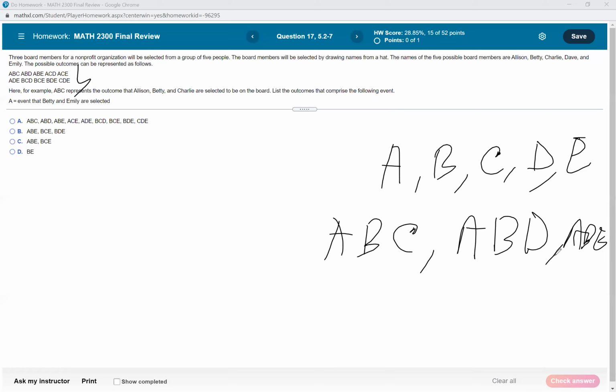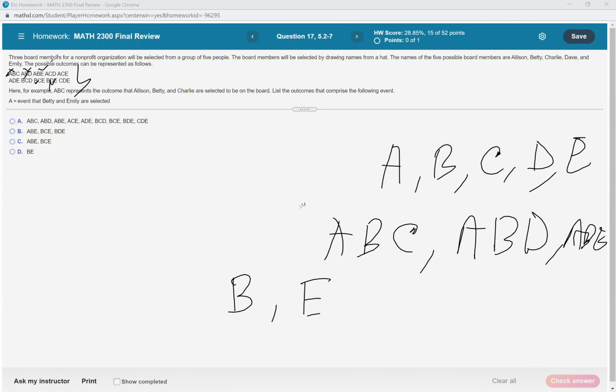A is the event that Bertie and Emily are selected. So A is the set of possible outcomes in which B and E are selected. How many outcomes do we have with B and E? This one is not B and E, here we don't have it. So we have this one, this one, and this one.